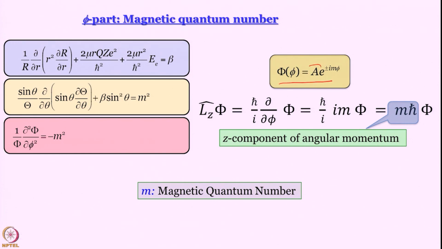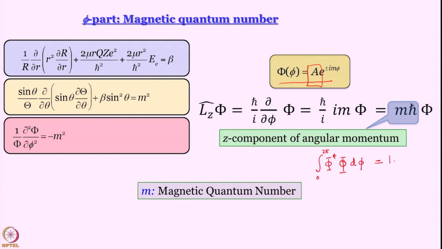I want to know what is the value of a if I normalize it. What do I do? I integrate capital Phi star, capital Phi d phi between the limits 0 and 2 pi, and that probability should be equal to 1, right. So, what is capital Phi?